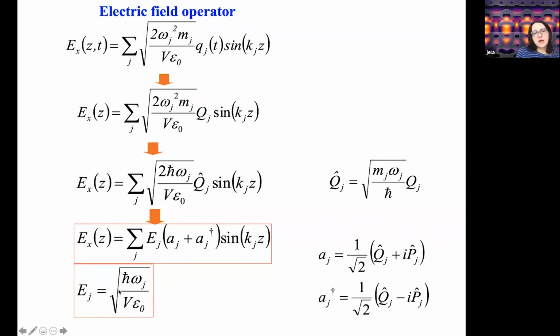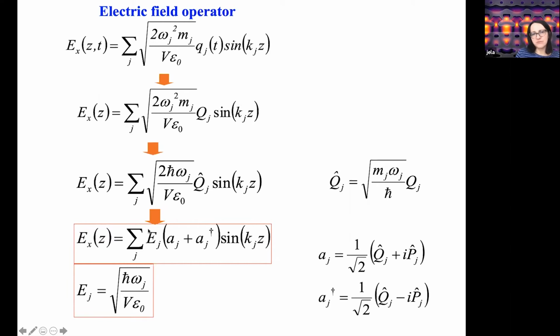So if you had field which was completely uniformly distributed through the volume V, and you had exactly the energy of a single photon inside of that mode, which is h bar omega, that mode would have an amplitude of EJ.